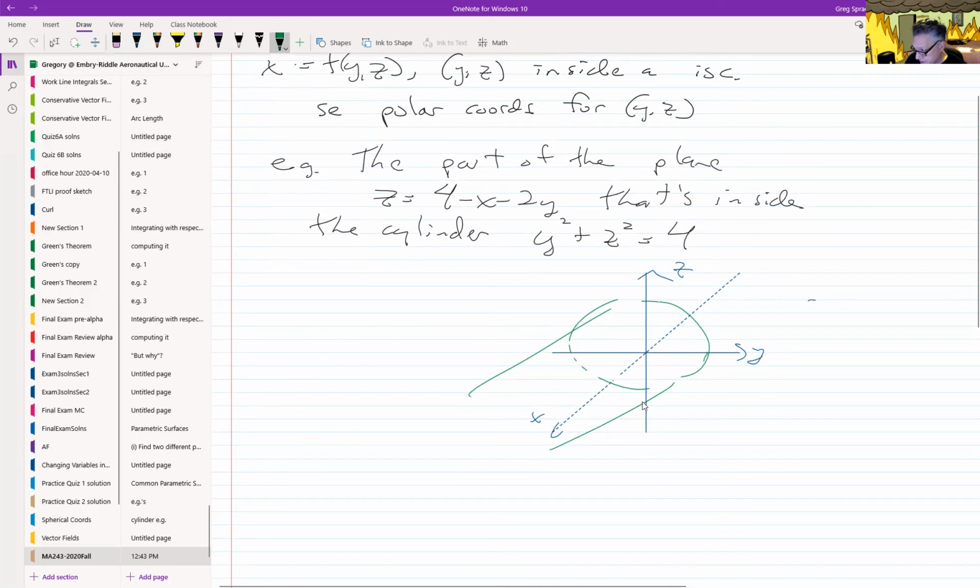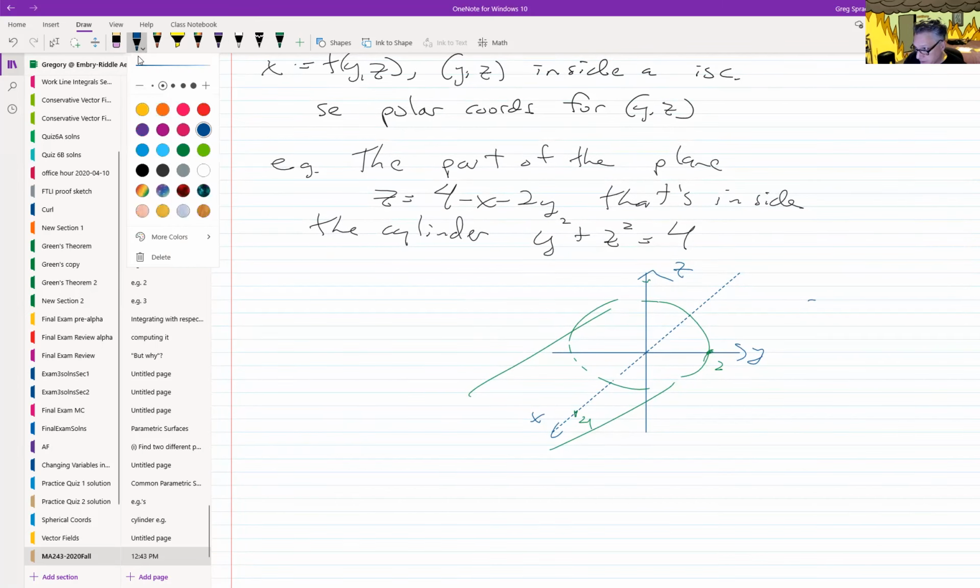See, the plane has intercepts 4, 2, and 4, I guess. And the part that's inside the cylinder is a solid ellipse, you'd call it.